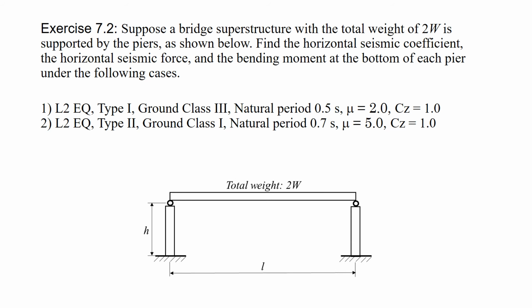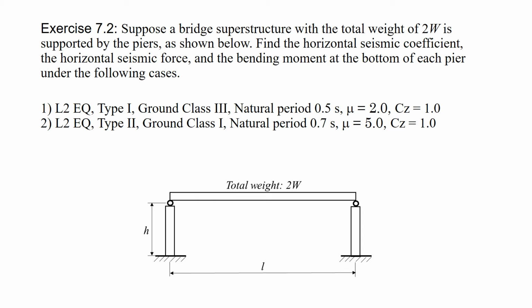Exercise 7.2. Suppose a bridge superstructure with a total weight of 2W is supported by the piers as shown below. Find the horizontal seismic coefficient, the horizontal seismic force, and the bending moment at the bottom of each pier under the following cases. 1.